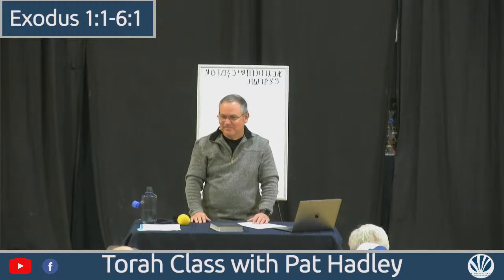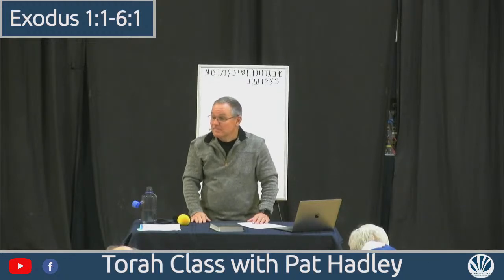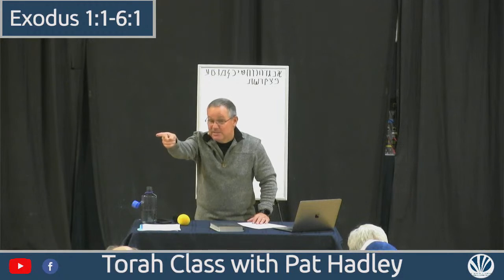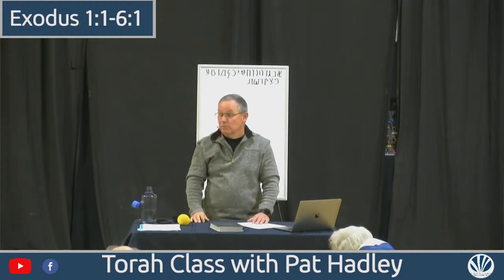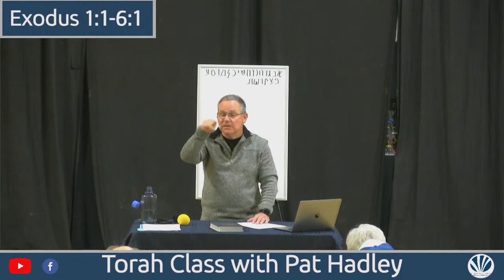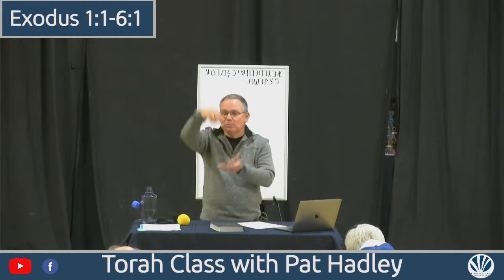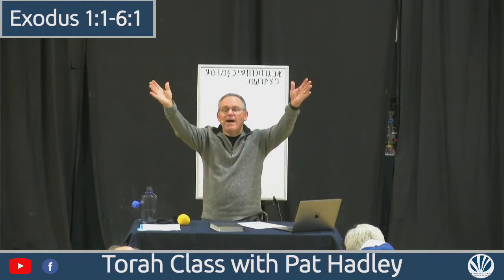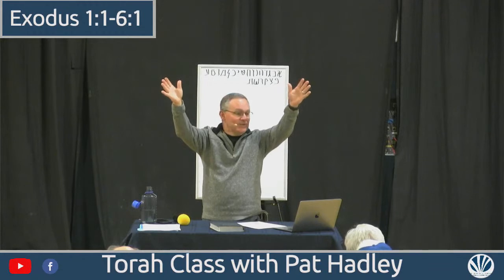Why? What? That's exactly right, Shanita. The woman is created last to let everybody know that in Torah and in God's view, the woman is the apex of it all.